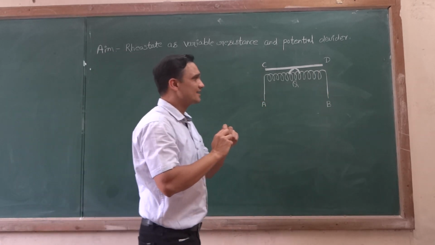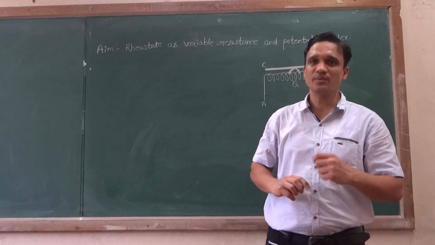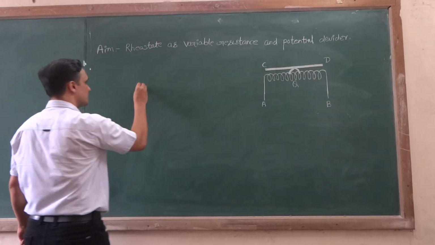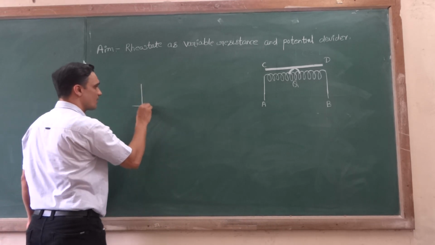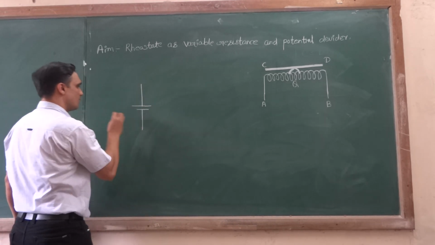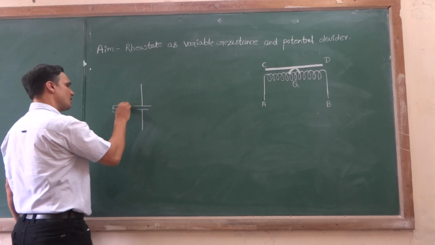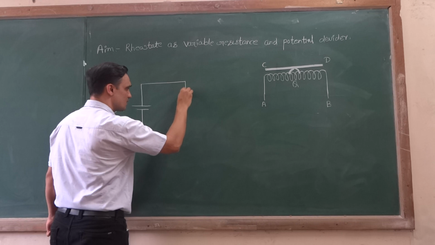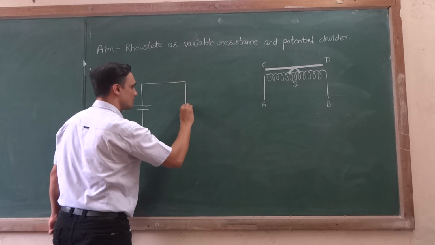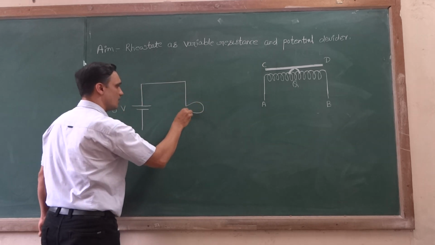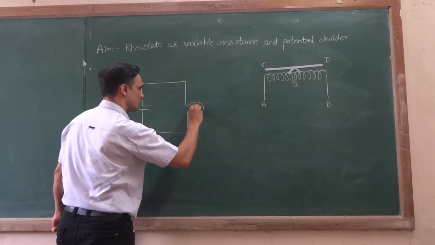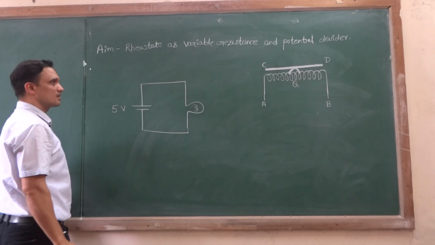Now I am going to connect this rheostat as a variable resistance. Let me take an electrical circuit in which there is a battery of 5 volts. This battery has to be connected with some load. Let me take the load like this, through some variable resistance.